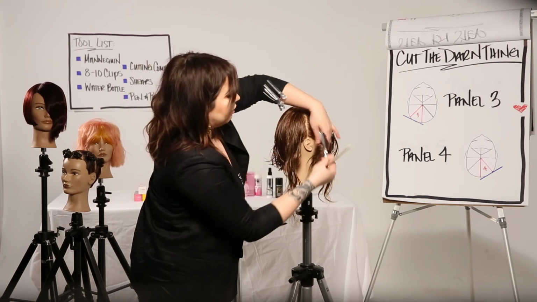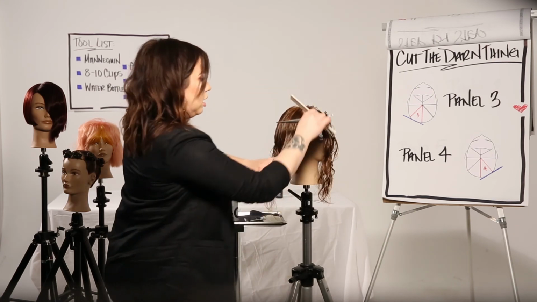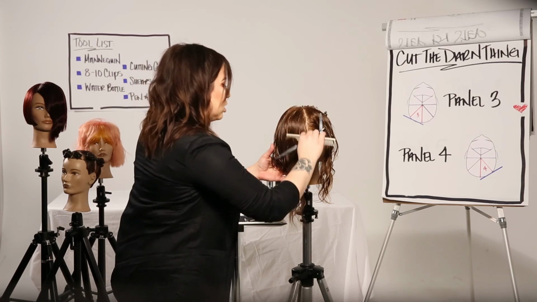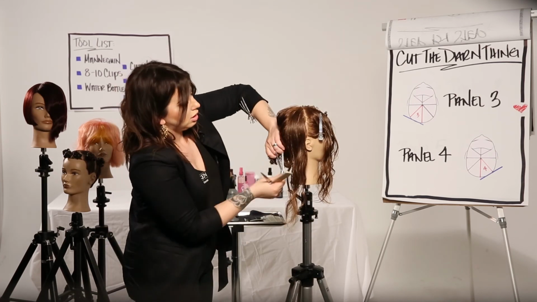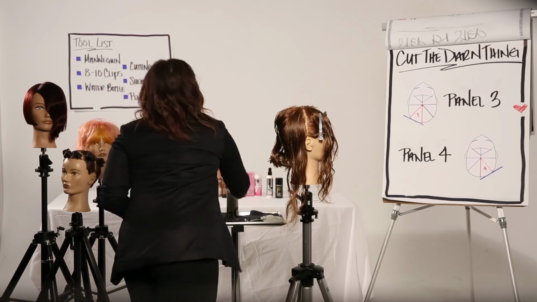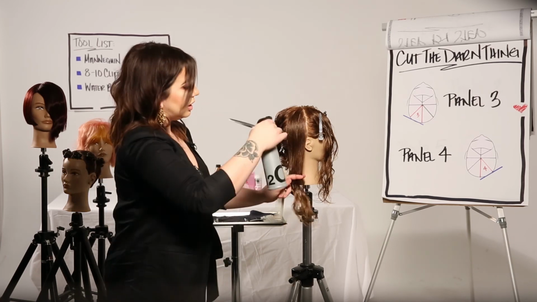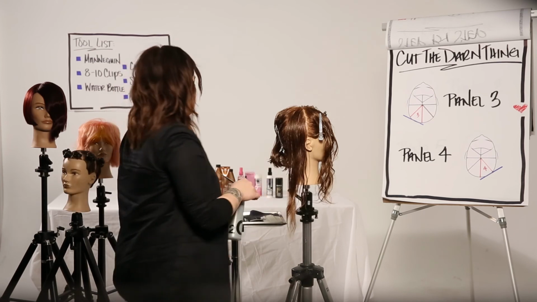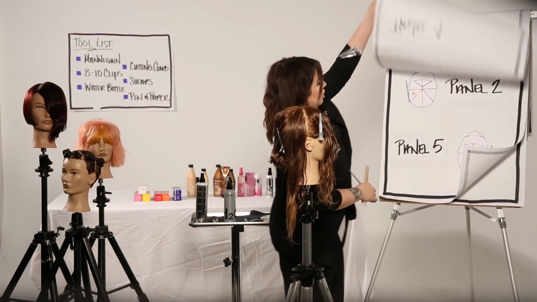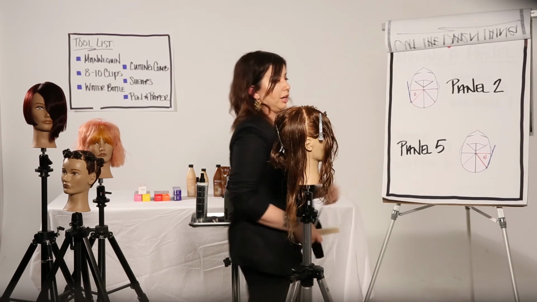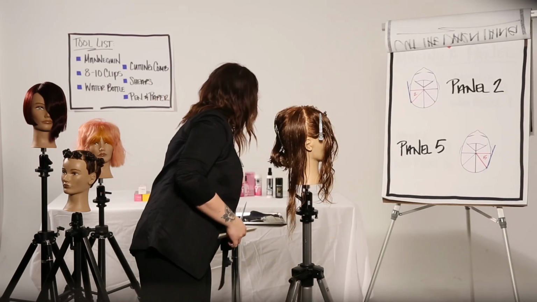And we'll get this hair out of the way. Take a small section guide from the previous panel. And I'm just going to wet her down so my consistency stays the same. Now we're in panel number 4, or 5, excuse me.